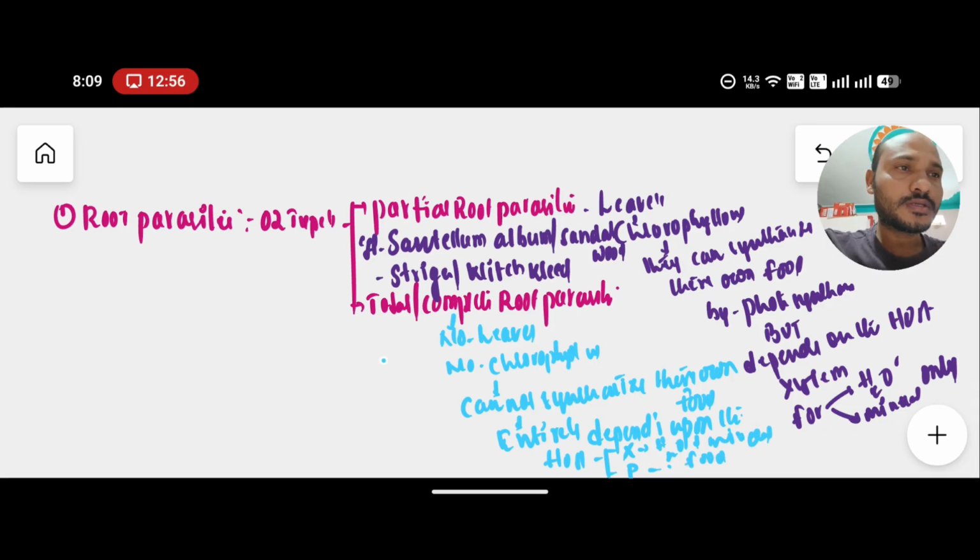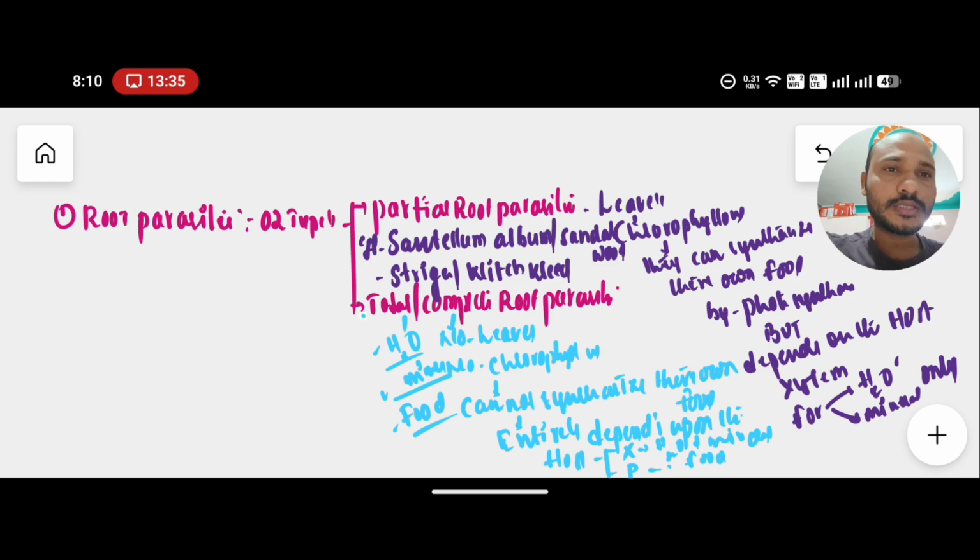Due to the absence of leaves, they cannot prepare their own food by photosynthesis. Hence, total or complete root parasites depend on the host for water, minerals, and, very importantly, for food also. These parasitic plants depend entirely on the host for their nutrient requirements, and this type is called total or complete root parasitic plants.